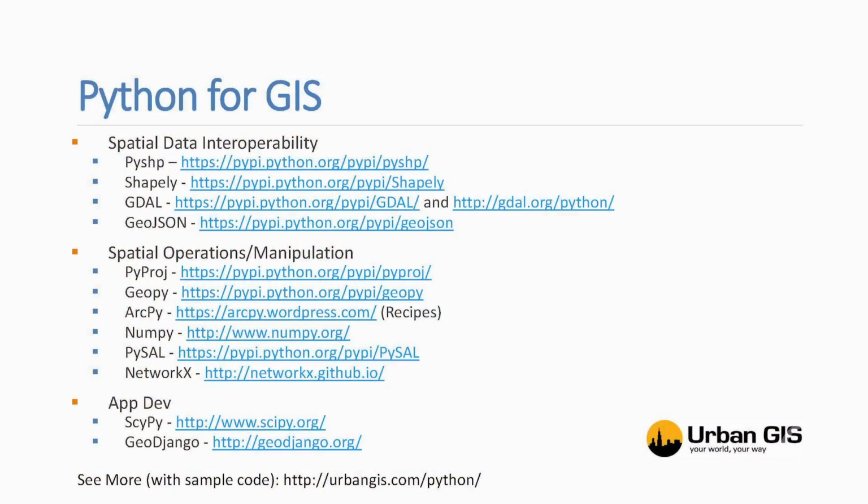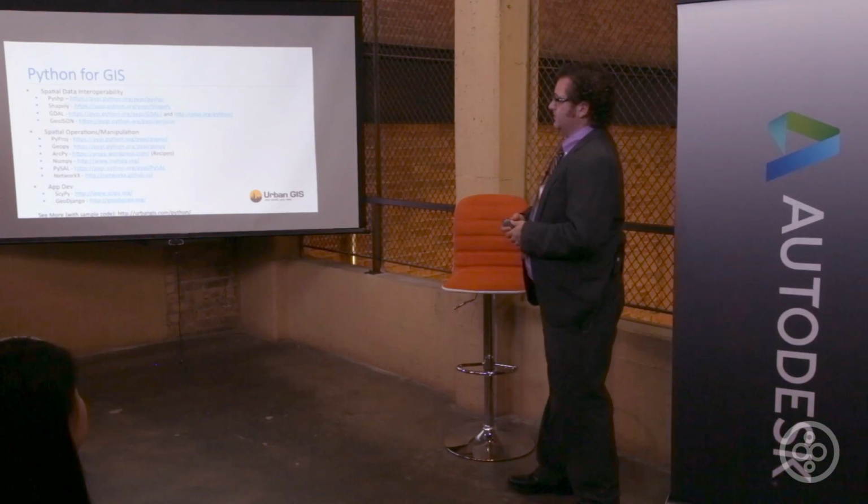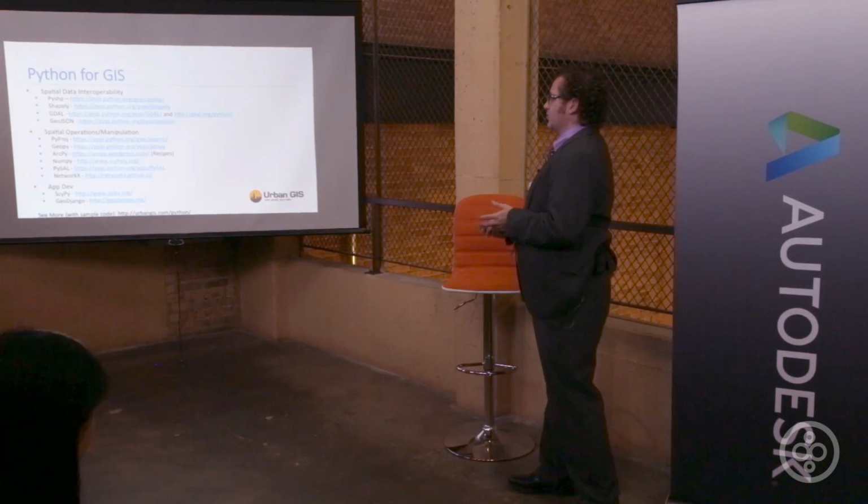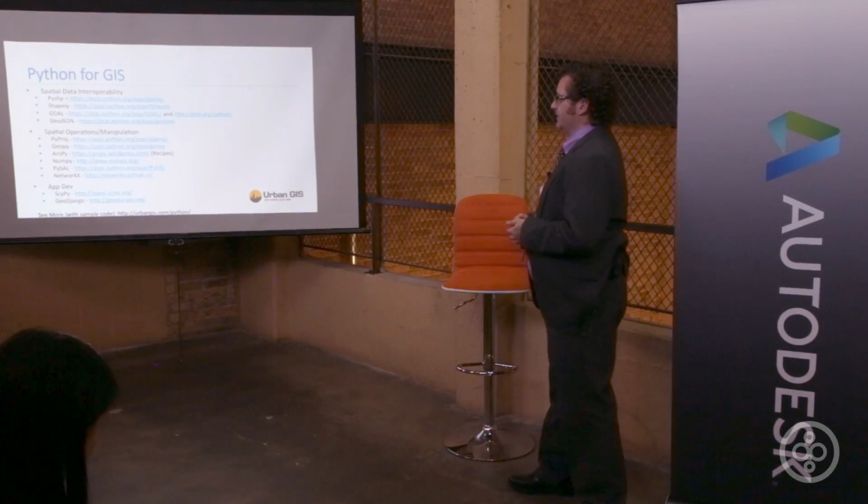And ArcPy, this is sort of the one oddball out here. This is not open source. ArcPy is really just a Python add-in module that allows us to interface with the ArcGIS desktop suite of products in a Python environment, which may or may not be useful, but depending on how you're working with your GIS data, you might find it useful.